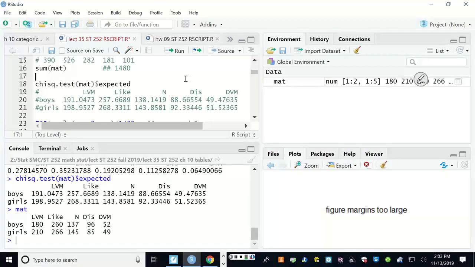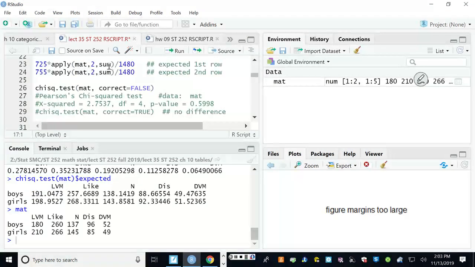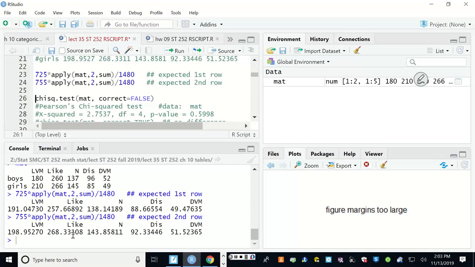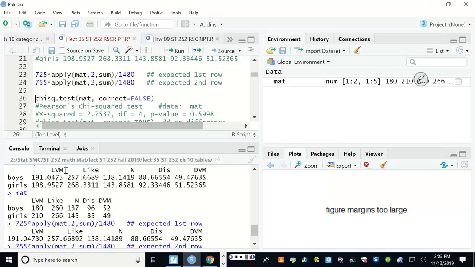You could kind of automate it. These are the sums of the columns. You take 725 times each of those column values, and you get the entire first row all at once. And then 755 for the girls times the column totals, and you get these numbers, and those should match those up there.